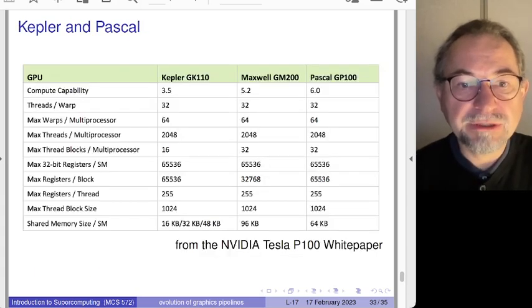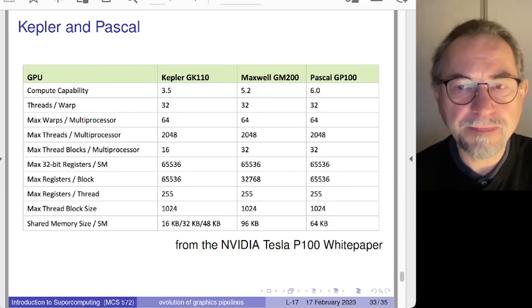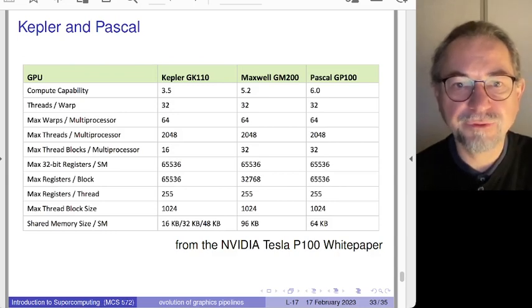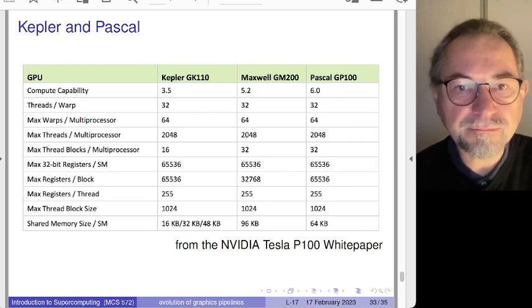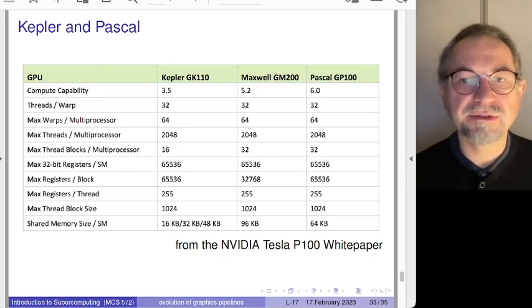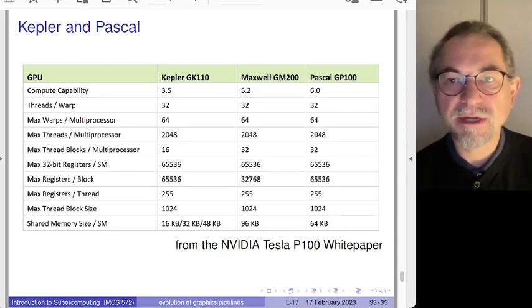There is the compute capability. I will indicate in a future lecture what that really means. Going from Kepler to Pascal, what has been constant throughout is the number of threads in a warp.